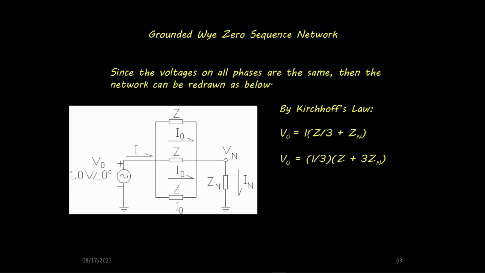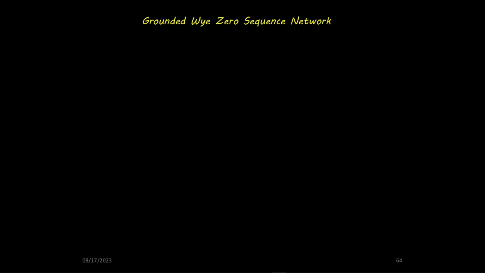V0 equals I divided by 3 times (Z plus 3 Zn). I0 equals I divided by 3. V0 equals I0 times (Z plus 3 Zn). And Vn equals I0 times 3 Zn.